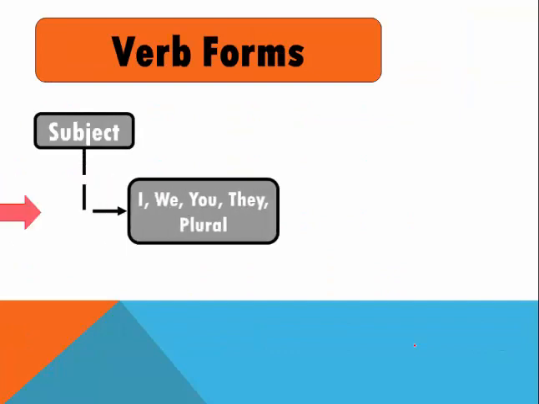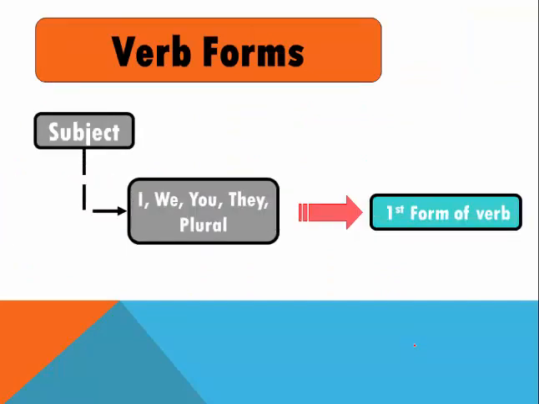Now we are going to talk about the verb forms. This is the main thing. The two things you have to learn, which are basic in learning the tenses, are the time of action, and second, the form of the verb.